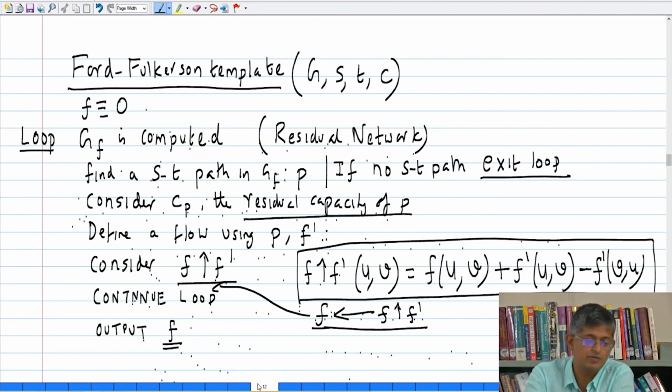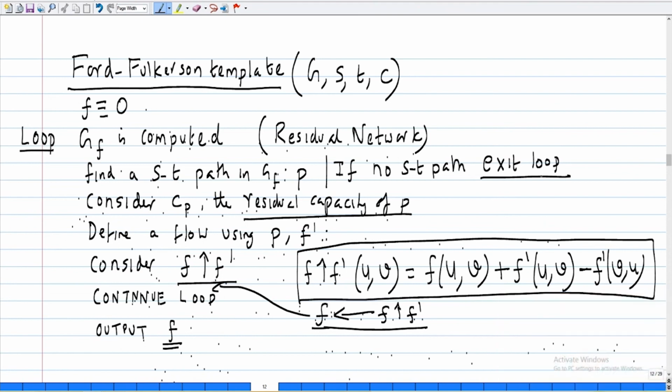That is, if you started with a flow F, find an ST path in the residual network, its residual capacity will be more than 0. And once you implement this particular formula, we will observe that the flow in the network will strictly increase. Because I did convince you that the value of this augmented flow is the value of F plus the value of F prime.